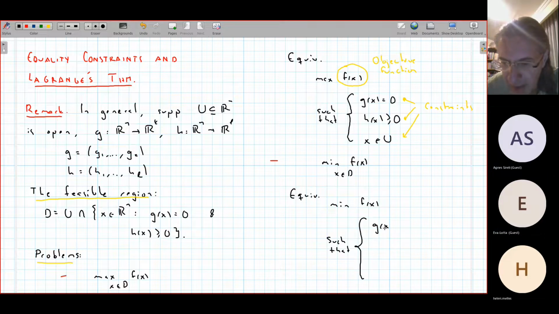This problem can be expressed in this way: minimize the function f of x such that g of x is equal to 0, h of x is greater than or equal to 0, and x is in U.